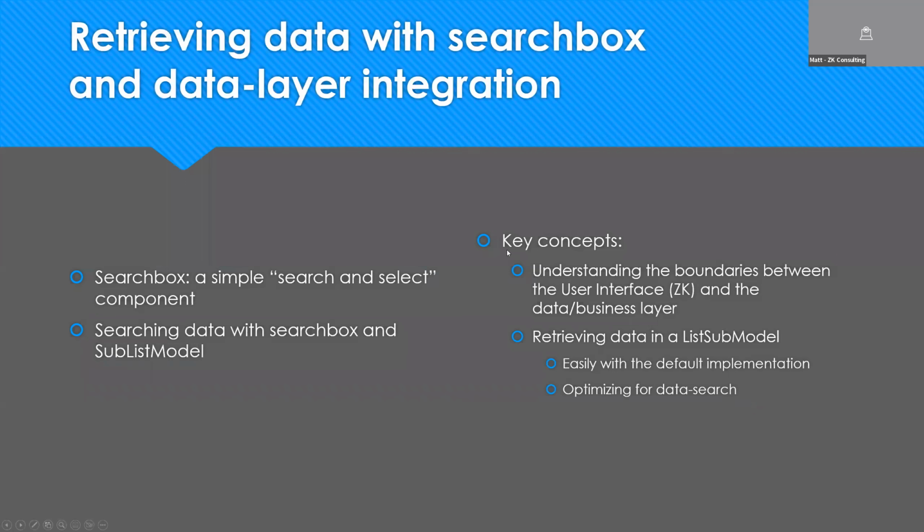Key concept on this one: Searchbox is a simple search and select component. It's extremely useful when you want to search a big amount of data with a list submodel. It's very useful in order to avoid loading your entire query at the front of the operation.